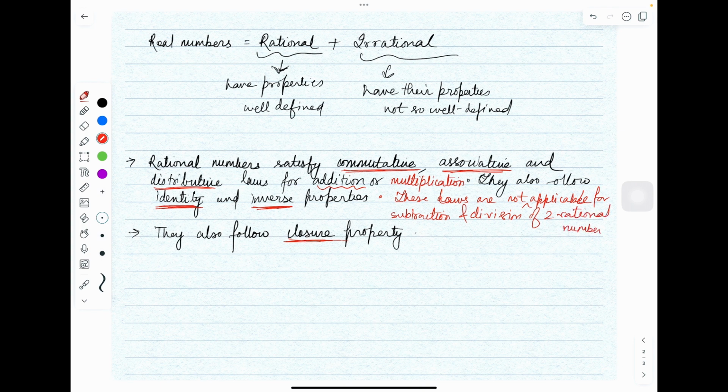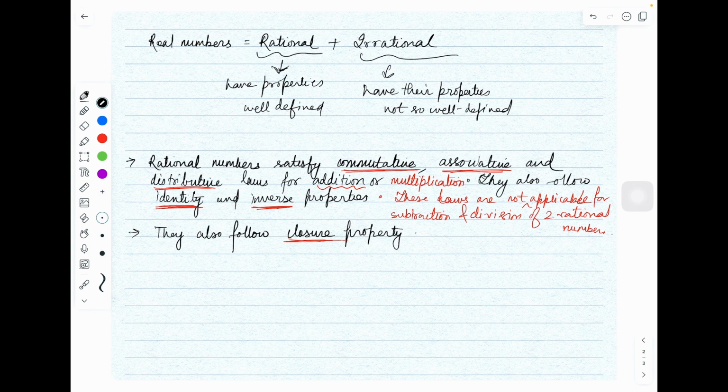These three laws, commutative, associative and distributive, are not applicable for subtraction and division. They are only applicable for addition and multiplication. That means only for addition and multiplication operations these laws are applicable. These laws will not be applicable for division and subtraction.